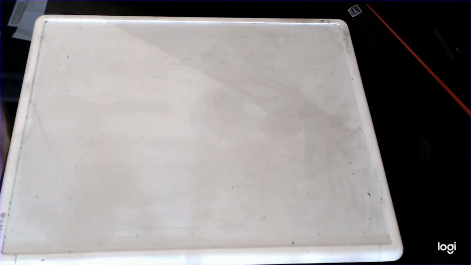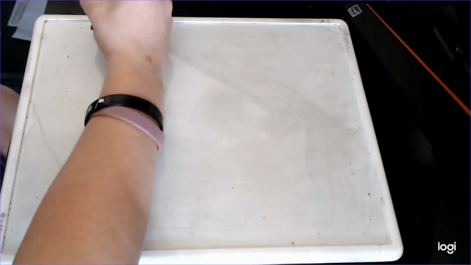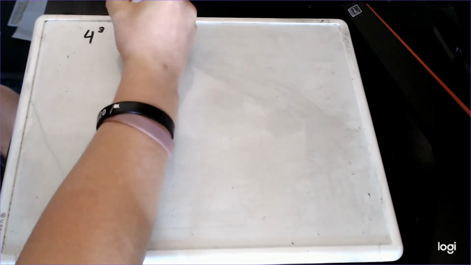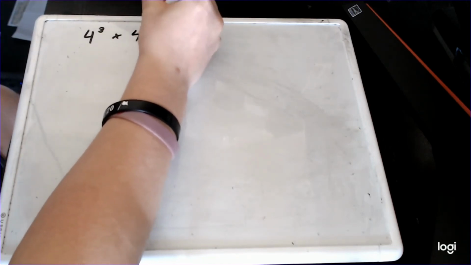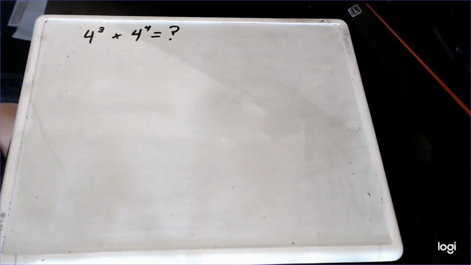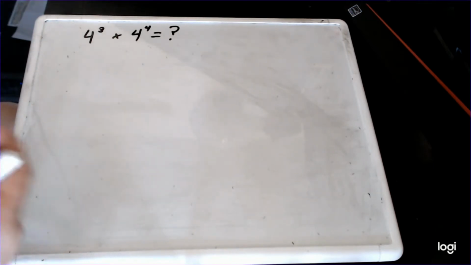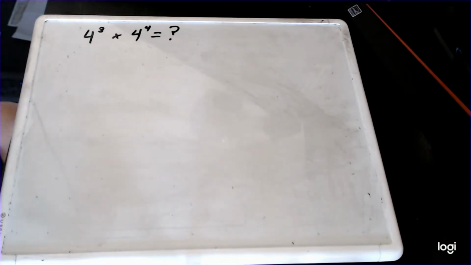But what if I want to try something a little bit trickier? What if I want to know the answer to this? Now, some of us might already know, but some of us might have some methods for solving this.